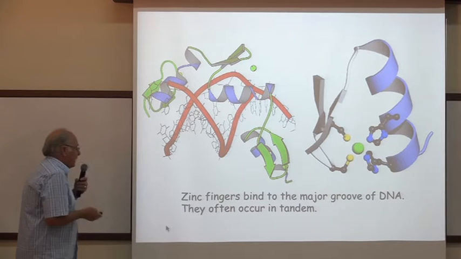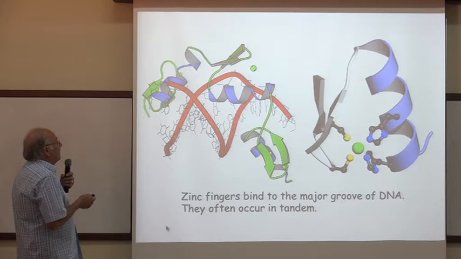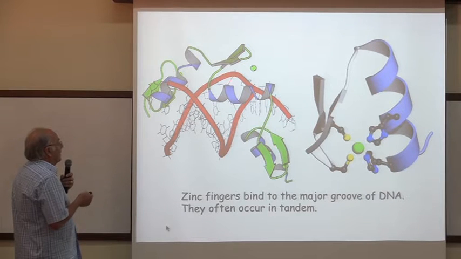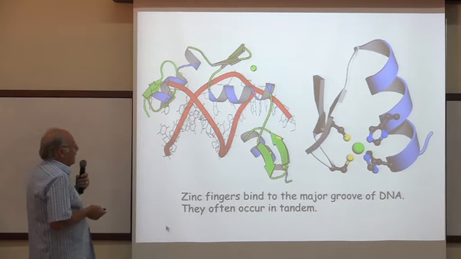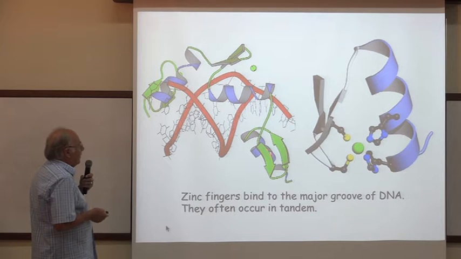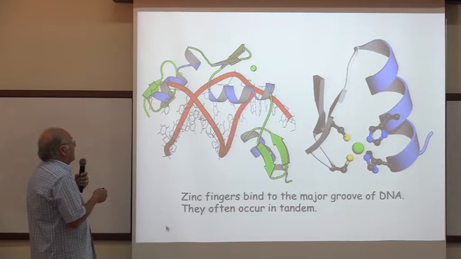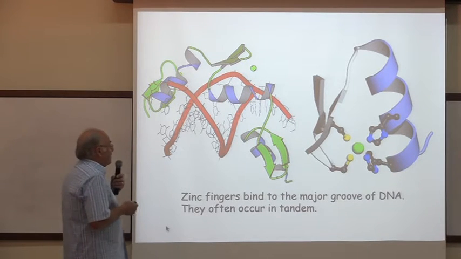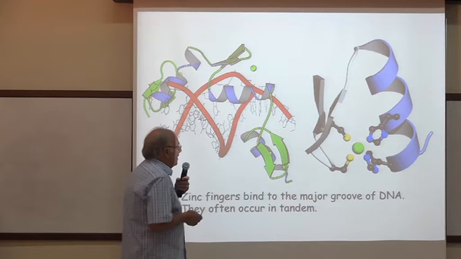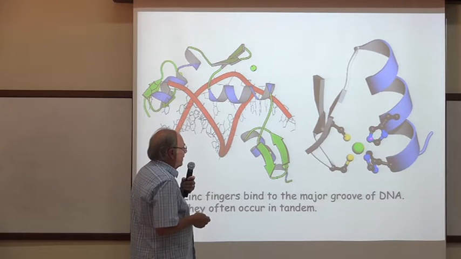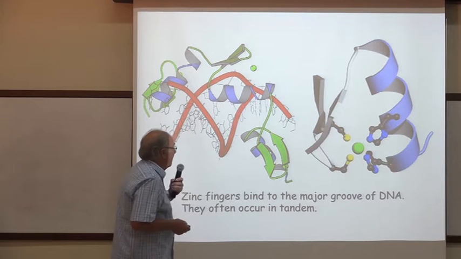Now we come to the zinc fingers here, and here you see a zinc finger protein binding to the DNA. Actually, this protein has actually 3 zinc fingers in a row, and they all bind to the DNA, finding a very specific site. Here you see that this is a zinc finger with 2 histidines and 2 cysteines binding to the zinc.